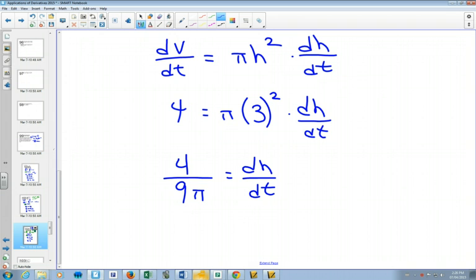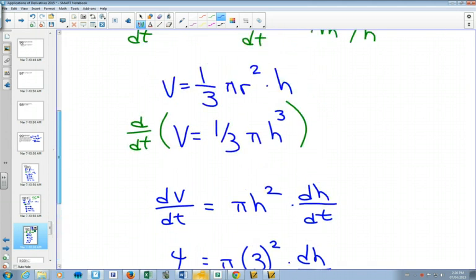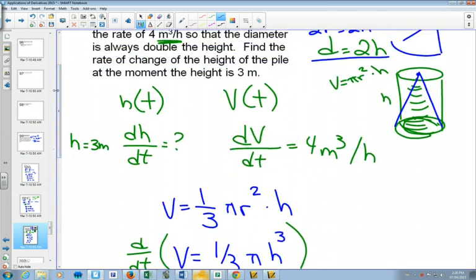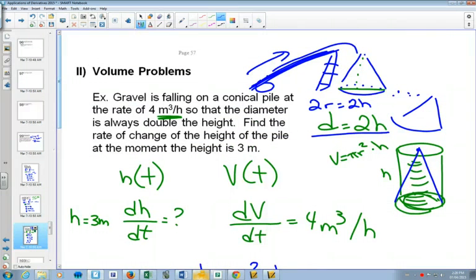We should put the units in. 4 over 9 pi meters per hour. Which could give the person an idea of, do I need to move my conveyor belt right away, or how much time do I have before I need to move something like that?